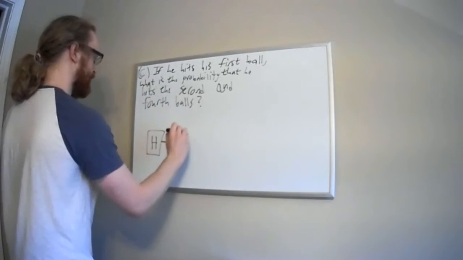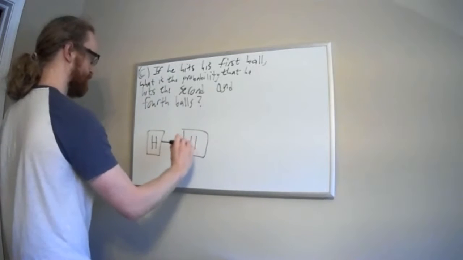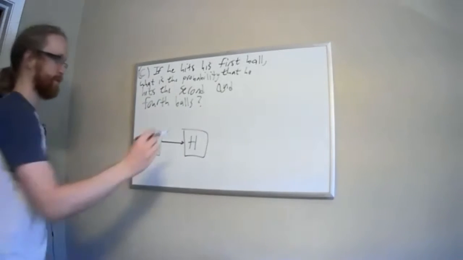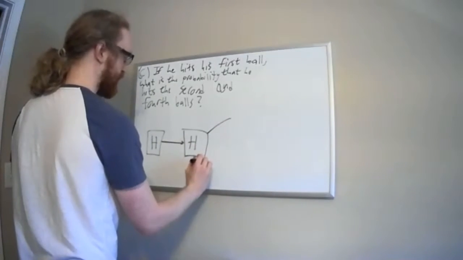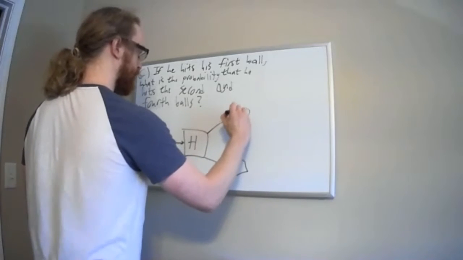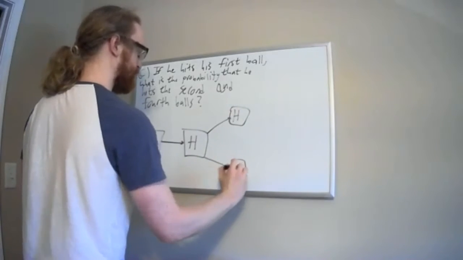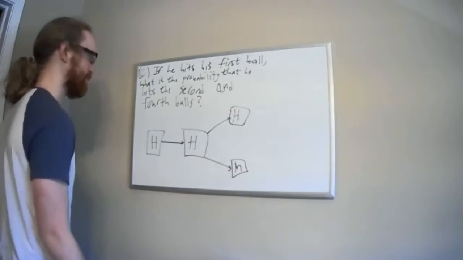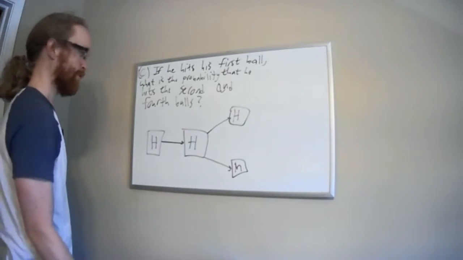So that hit has to go to another hit. Now, on the third try, we don't know what can happen. He could either hit or miss because it's not specified here. So we're going to branch off. And he's either going to hit on the third time or he's going to miss. We don't know. But those are the two possibilities. Either hits or misses. There's no weird in between allowed here.